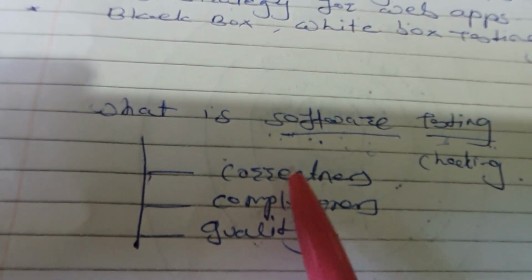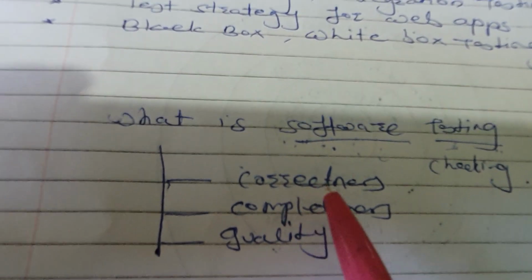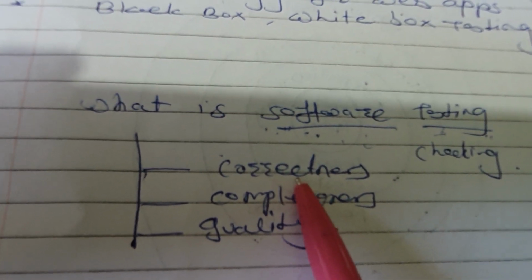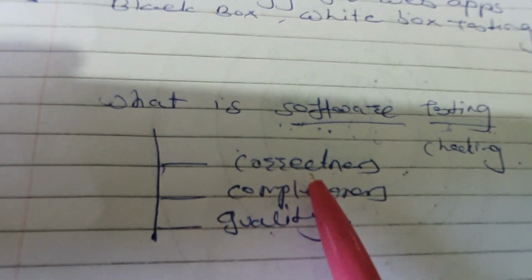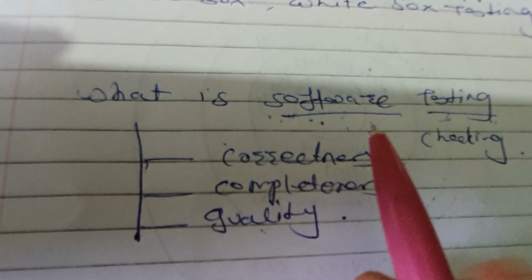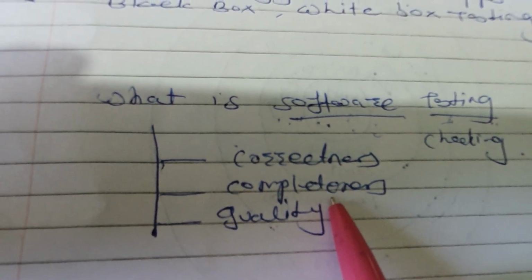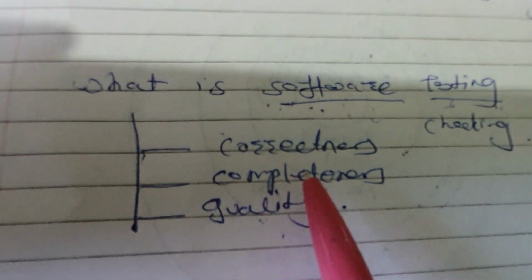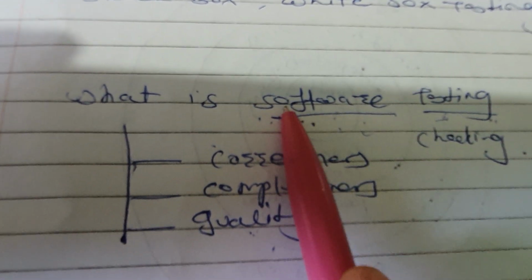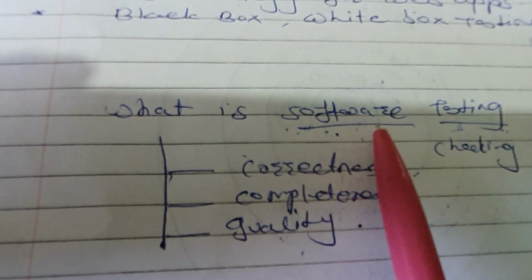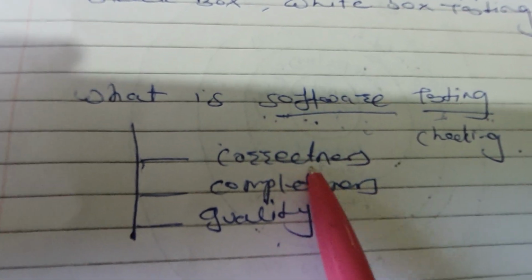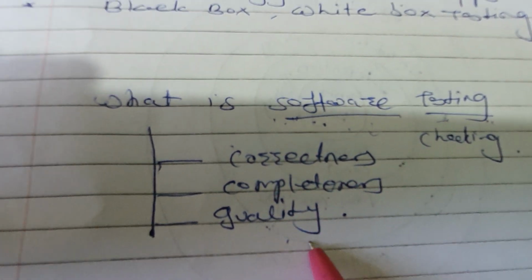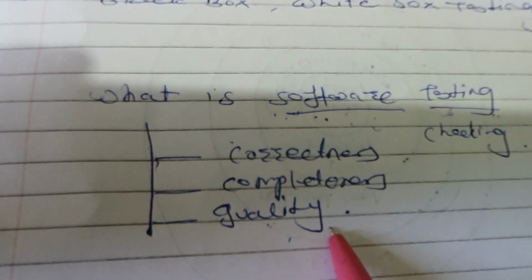In short, whatever software we are going to develop, we need to identify whether this particular software is 100% correct or not, means error free, then whether it is 100% complete or not, and its quality. These three factors are totally related with software testing. So it is the process used to identify correctness, completeness and quality of that developed computer software.